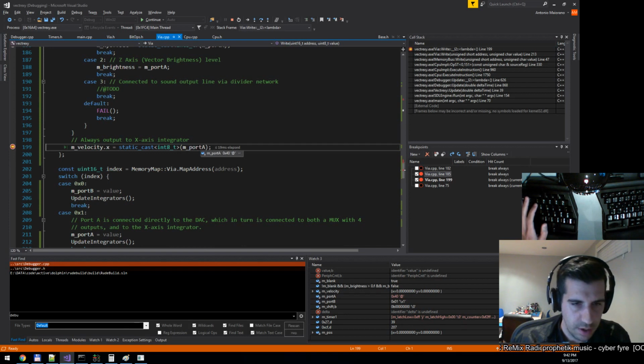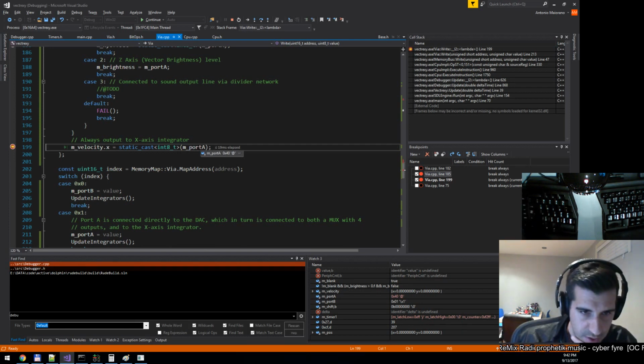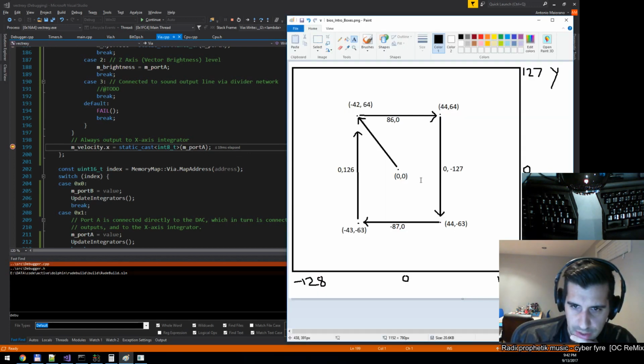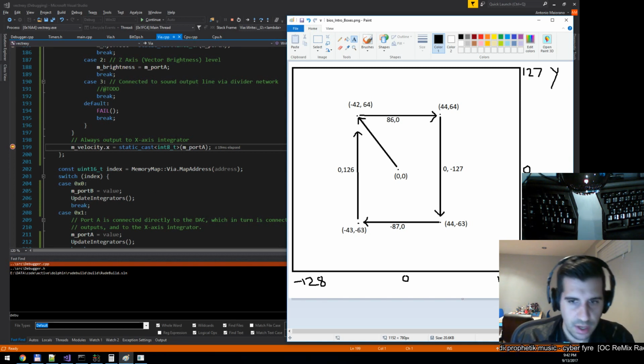Okay, here. So we want to store 40 into X, which I think makes sense. Or does it? Yeah, I think it does. 40 I think is 64.